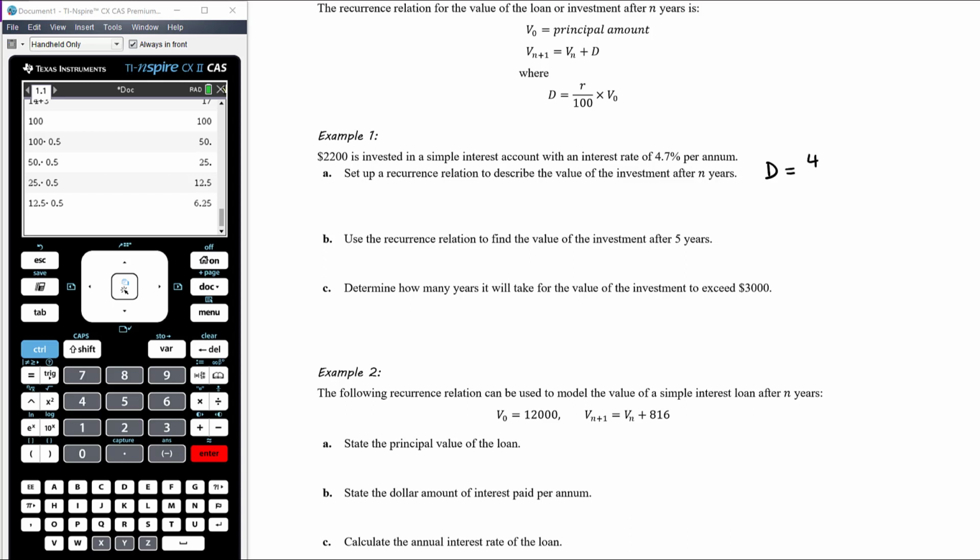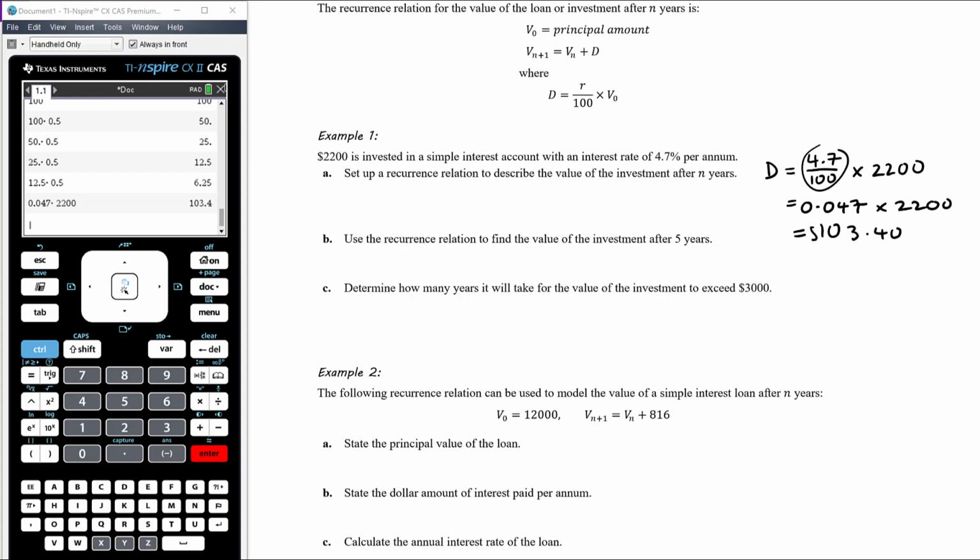So it's 4.7%, so that's 4.7 over 100 multiplied by 2,200. As I said, if you can make that step yourself to 0.047 straight away, just do it. Okay, so 0.047 times 2,200 is $103.40. So every year we're adding on $103.40, which is 4.7% of the original investment, $2,200.